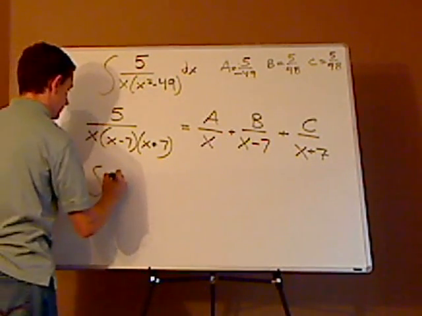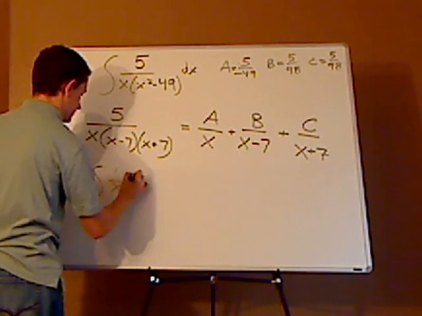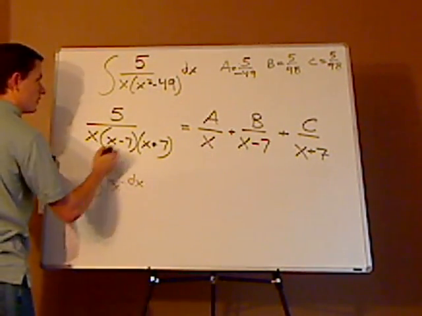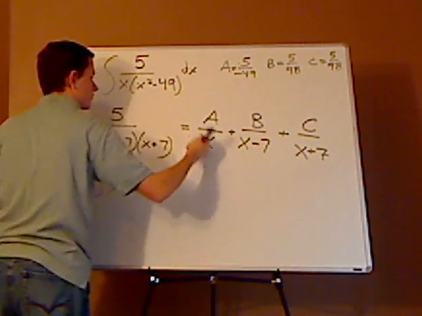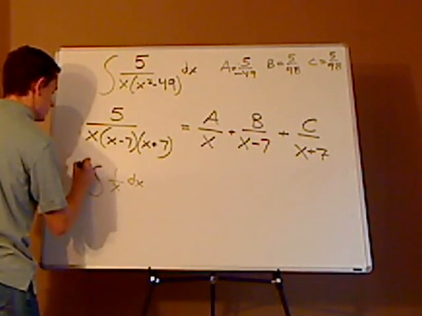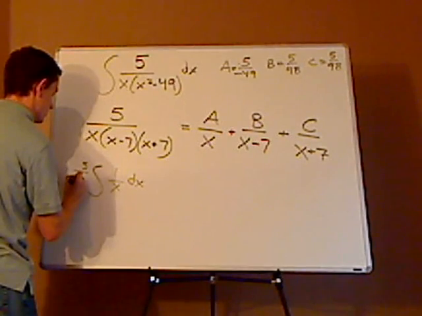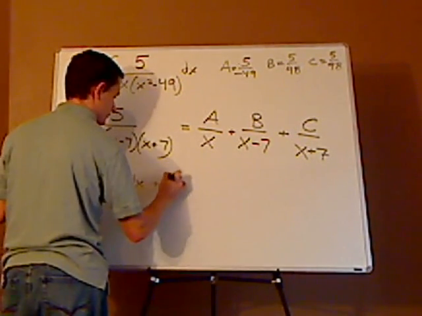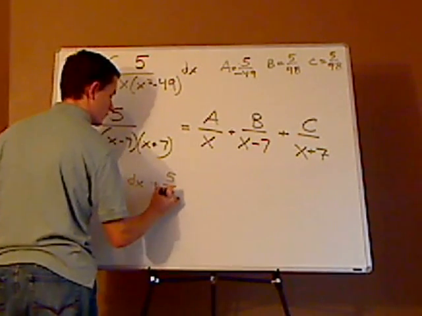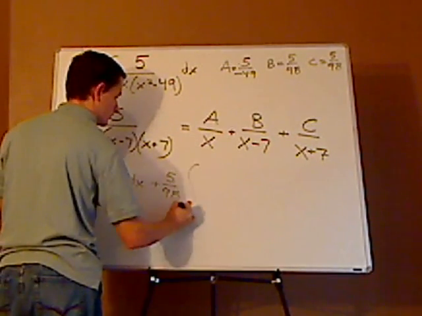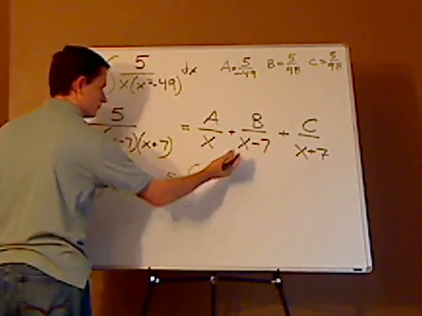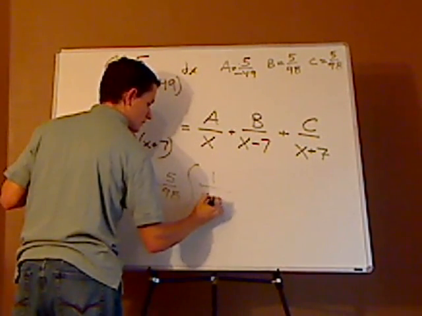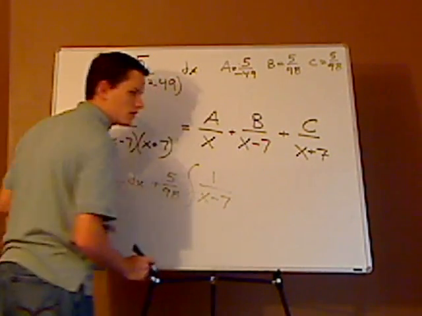So you have 1 over x dx, and that has the 5 over negative 49, which I can just bring to the front. So it's 5 over negative 49 plus 5 over 98 times 1 over x minus 7.